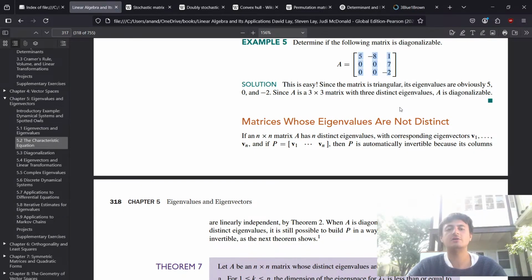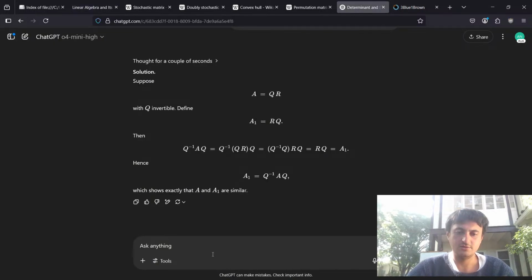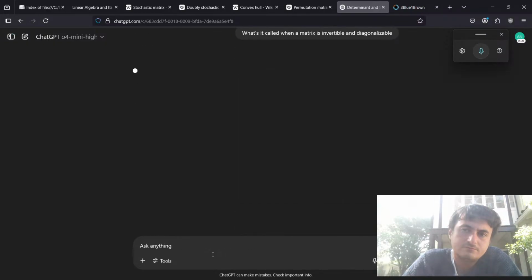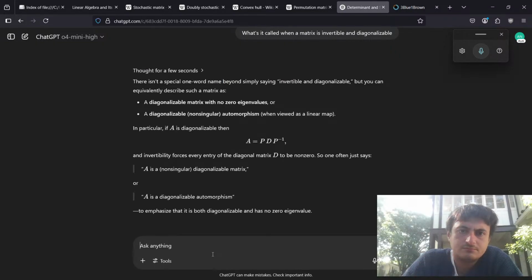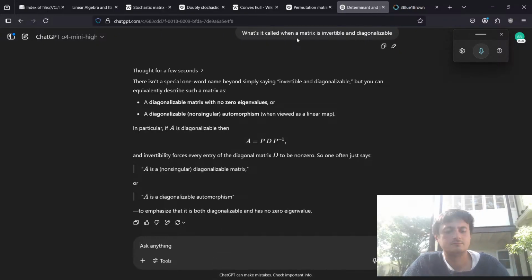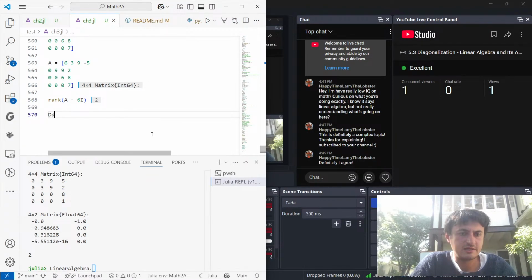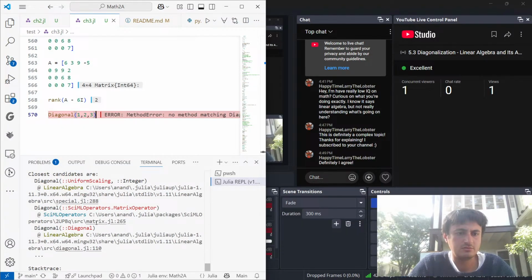What's it called when a matrix is invertible and diagonalizable? I wonder, can I do diagonal? If I do this 1, 2, 3, does this work?